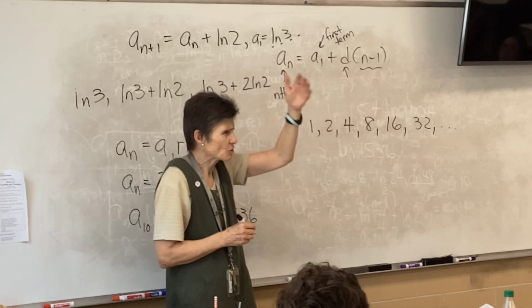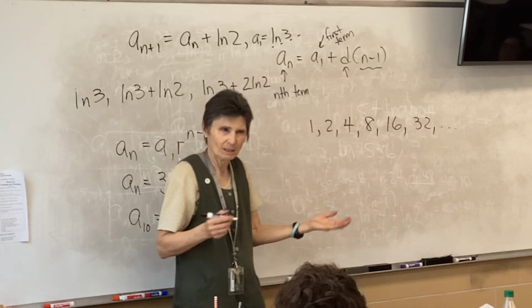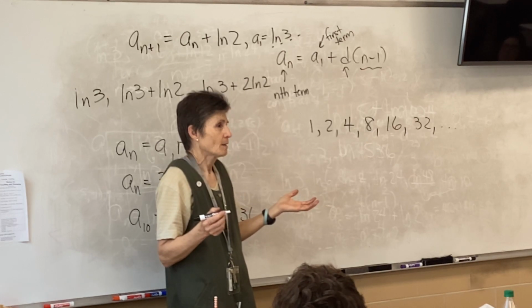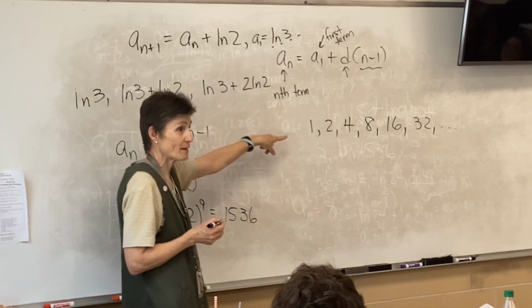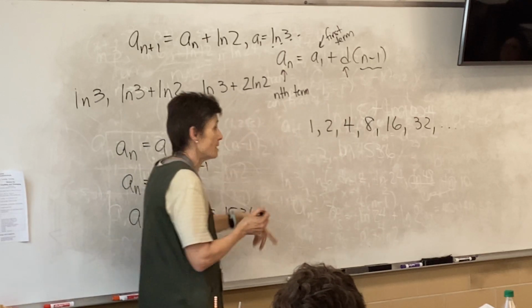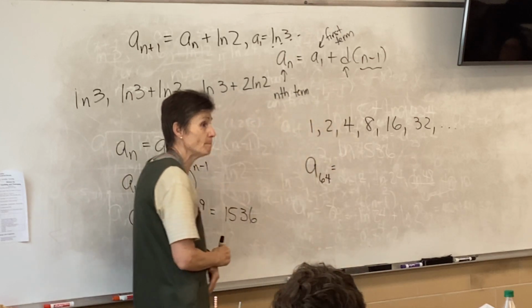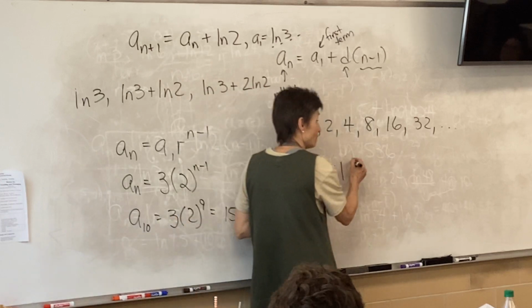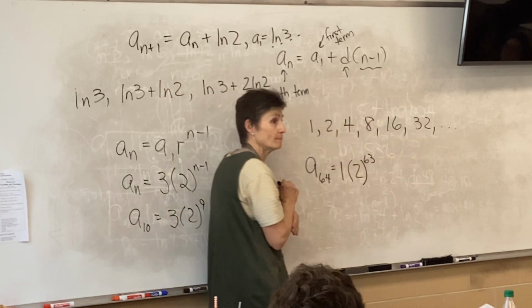I'll never forget her saying, even if you count the sun, that's 93 million miles away, this just doesn't seem right. Well, we can prove that statement because isn't that geometric? Our formula says that the 64th term will be the first term times the ratio to the 63rd.